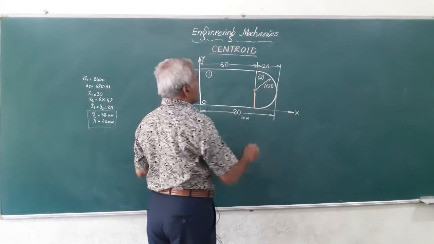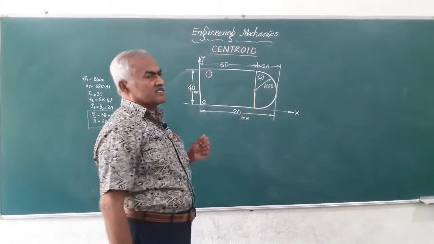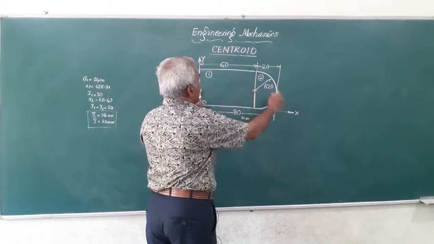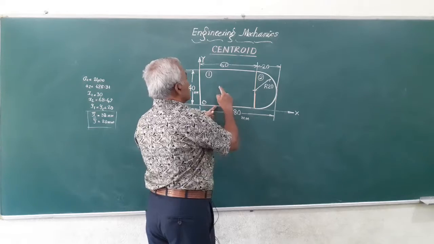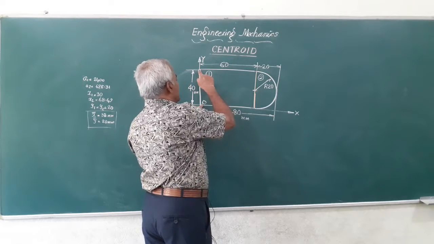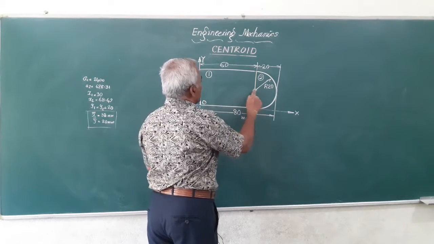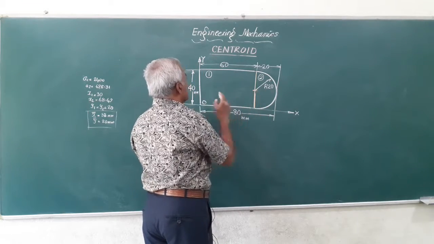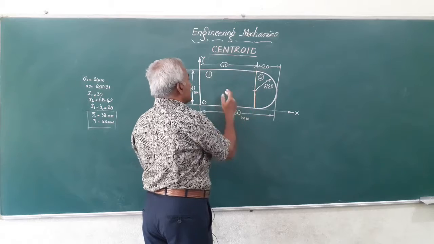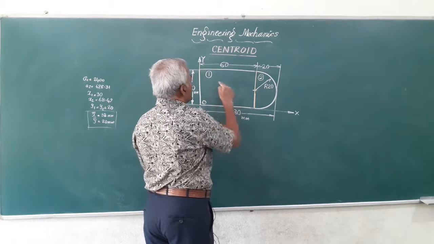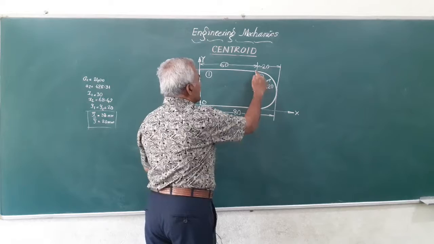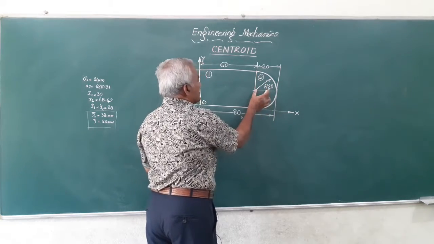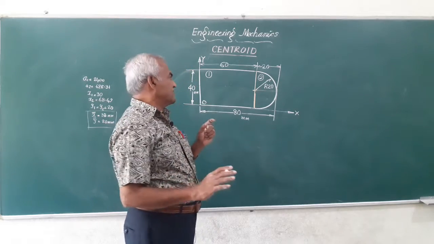In all such cases, whenever the figure is symmetrical about the horizontal axis, the y bar will be half that width. So the y bar in this problem is just 40 by 2, that is 20, because the center of gravity of the rectangle lies at the intersection of its two diagonals, and that of the semicircle lies along this radius at a distance of 4r by 3 pi.